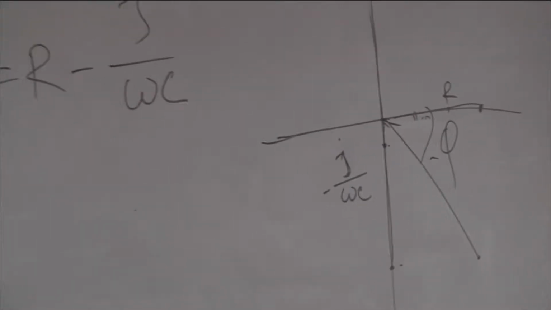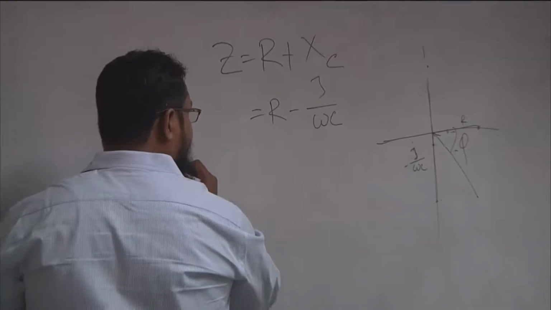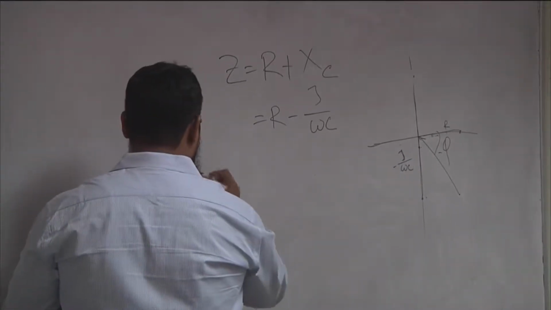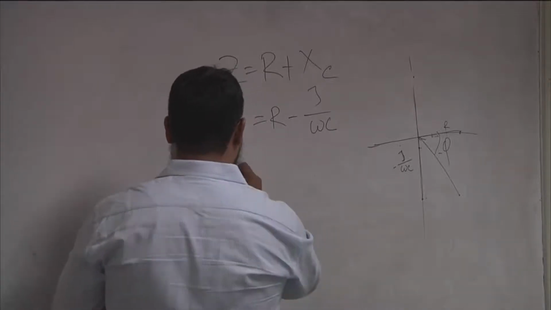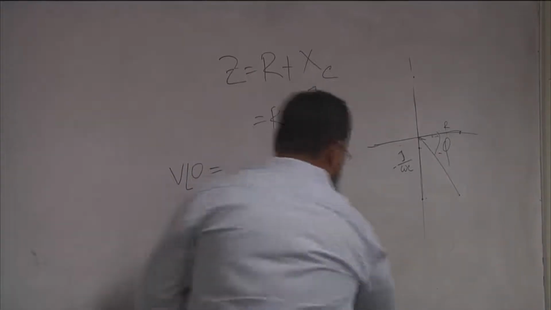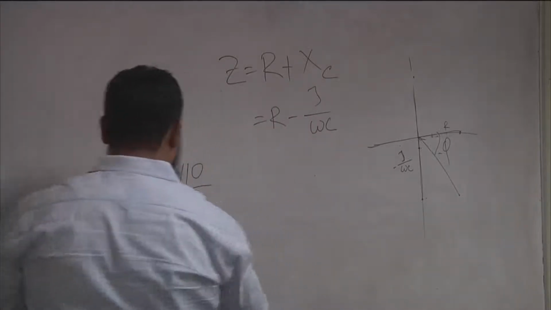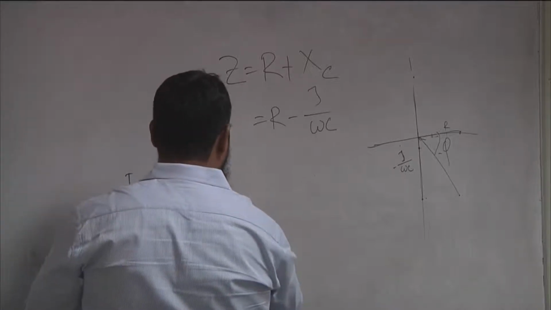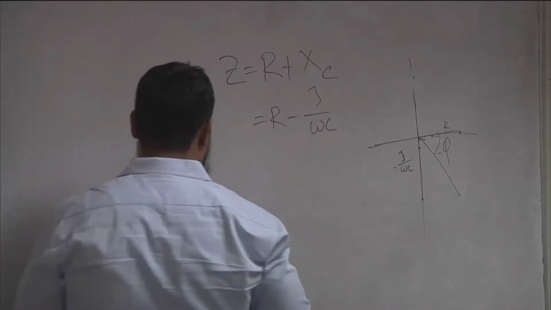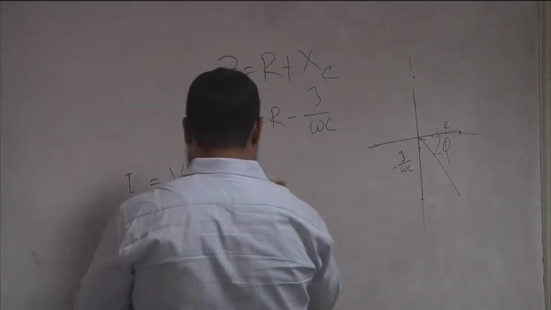So what would be the current through that single branch? If the voltage is V, let's call it V with an angle of 0, the current through the branch would be I equal to V divided by Z, this total Z. And this Z has an angle of negative phi, something negative.